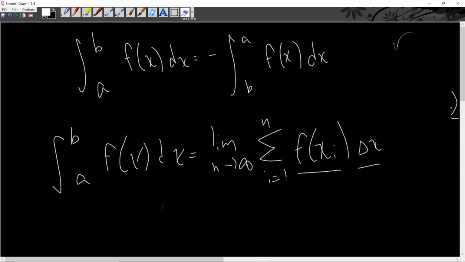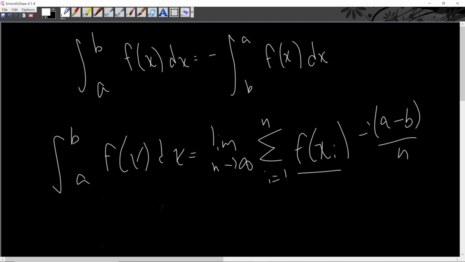Now, we are trying to prove that the integral from a to b is the negative of the integral from b to a. So when we plug in b minus a over n for this delta x, and then we change that to negative a minus b over n, we're kind of done, essentially.